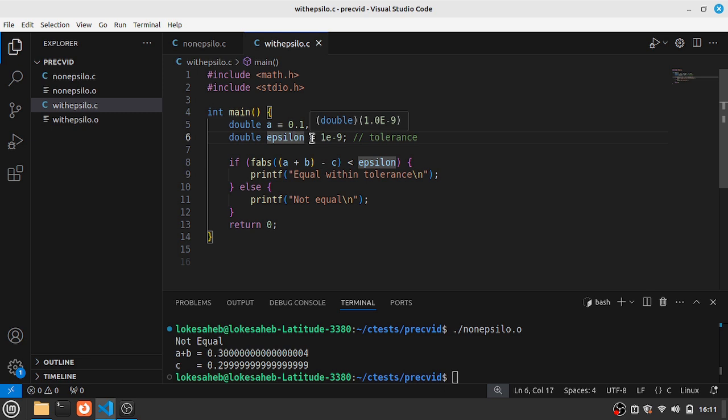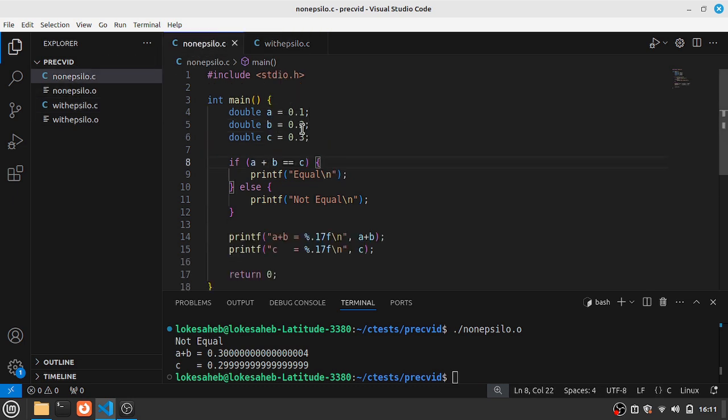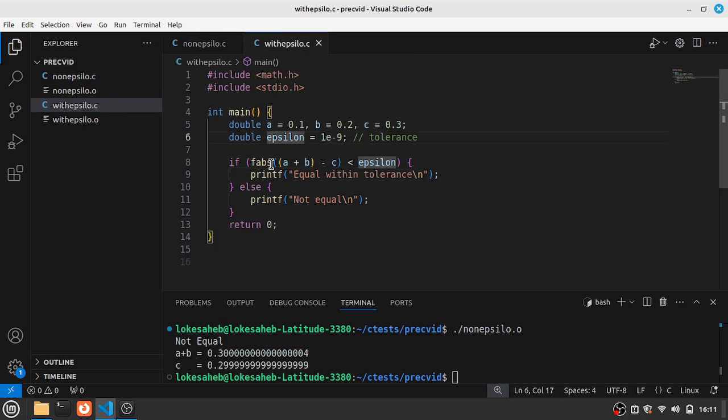We check whether the difference between the result and the comparator is within it. We use float absolute, which gives us the absolute value in float, so we do a plus b minus c, and check whether the difference between a plus b, one part of the comparison, and c is less than epsilon.